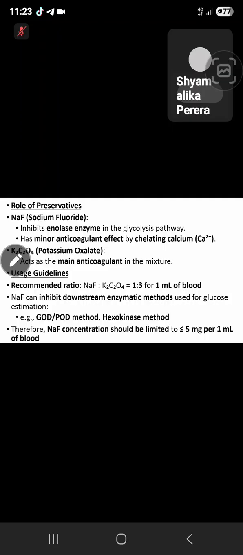Our glucose assays depend on glucose oxidase, peroxidase, and hexokinase methods, and those are also enzymes that can be affected by sodium fluoride. That's why this 1:3 ratio is recommended.